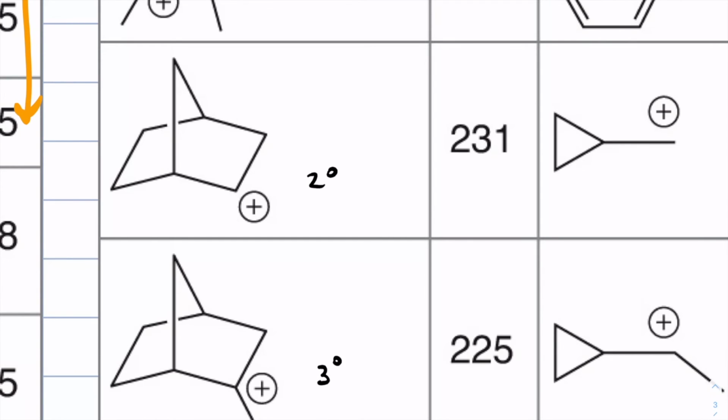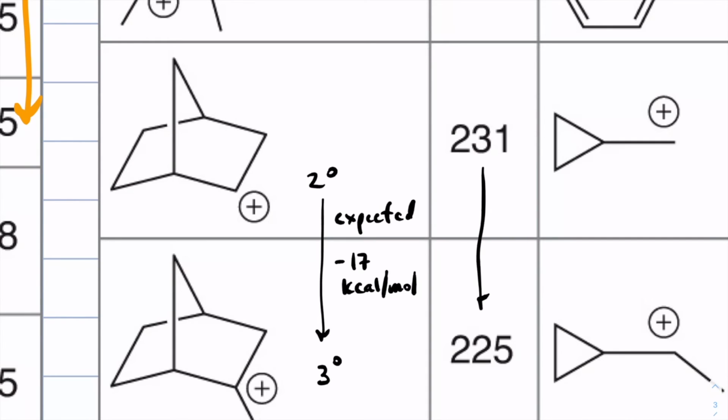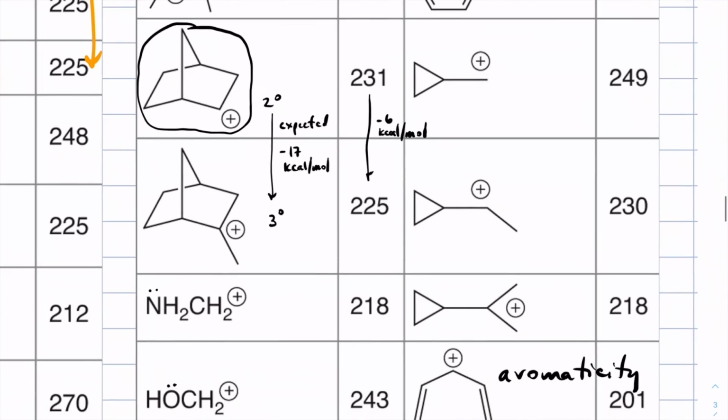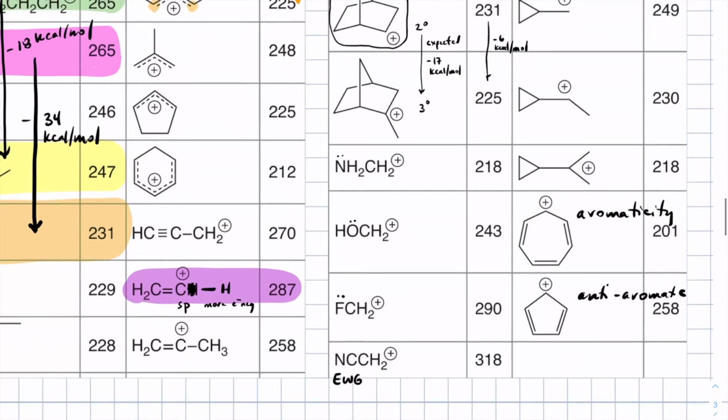Now, we would have expected to see a lower hydride affinity by about 17 kcals per mole for the tertiary carbocation. Nevertheless, the difference is only downhill by 6. And that might suggest that there's something special about this secondary carbocation. It might be unusually stable.